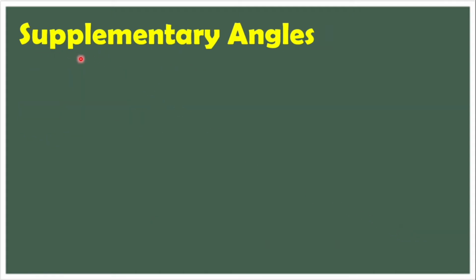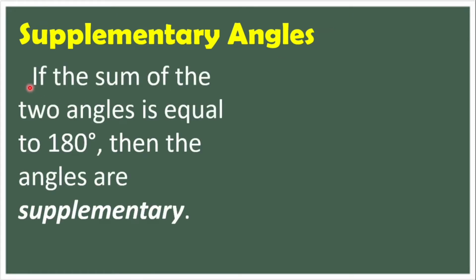Next is supplementary angles. Supplementary angles, in theorem, is if the sum of the angles is equal to 180 degrees, then the angles are supplementary. So, kung kanina yung complementary, yung sum nila ay 90 degrees, pag supplementary naman, the sum must be equal to 180 degrees to say that they are supplementary.